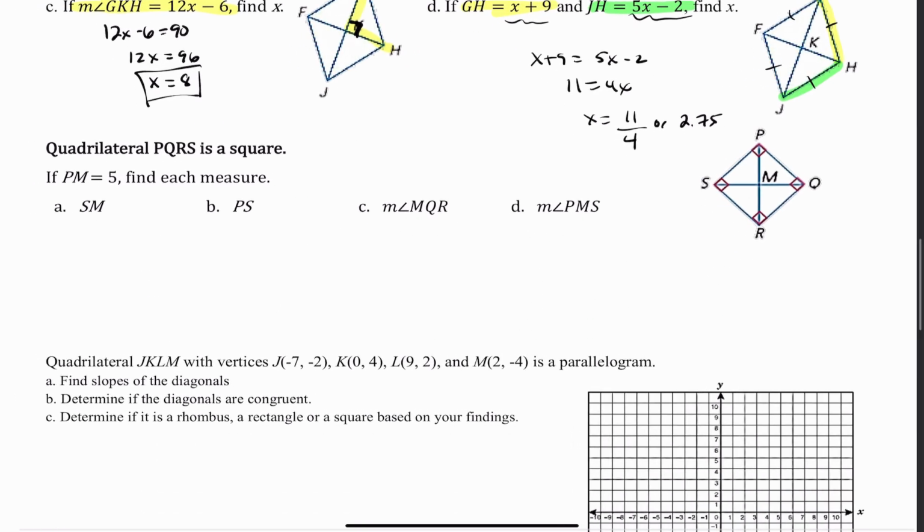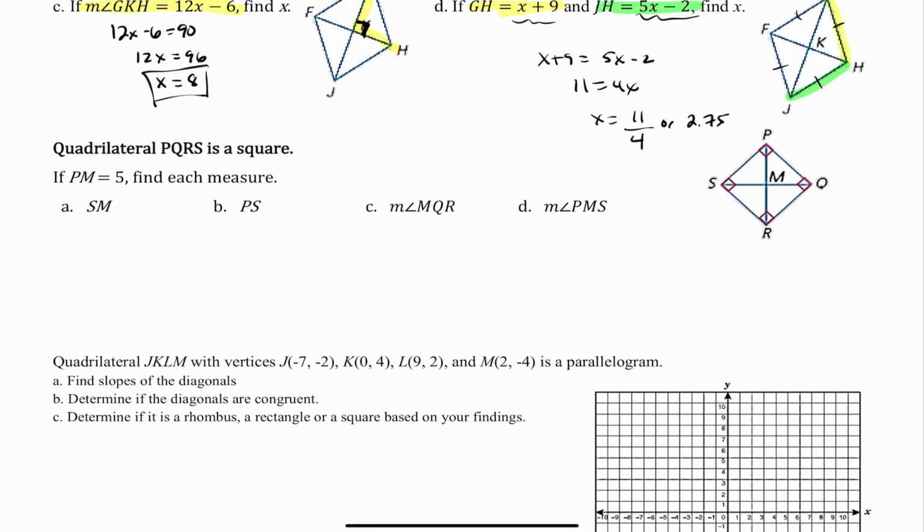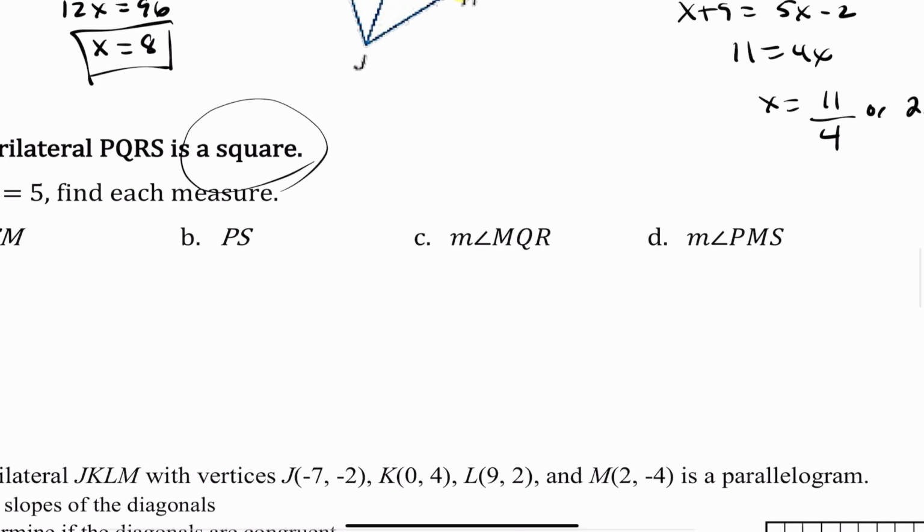Let's go ahead and move on to this next thing where we have a quadrilateral, PQRS, is a square. Now, since we have a square, it has properties of a rectangle and a rhombus.